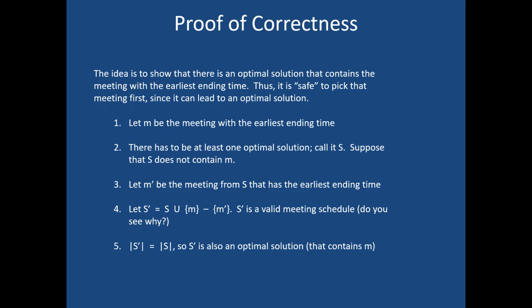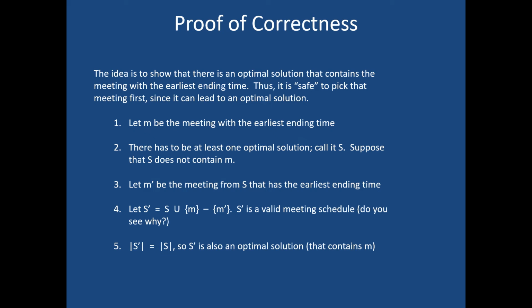Right. It has to end at the same time as M prime or earlier, which tells you that if M prime did not conflict with anything else in S, neither can M, because M ends even earlier than M prime did. All the other meetings in S start after M prime ends. So they also have to all start after M ends. So it's safe to replace M prime with M.